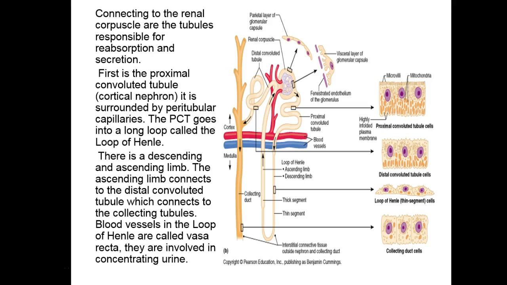Connecting tube will lead into the calyces. You have actually a papillary duct that then leads into the minor calyces, into the major calyces, into the ureter, so that the urine then can move on out.